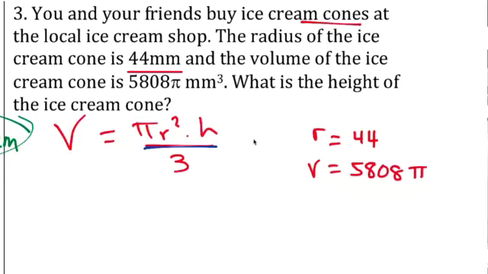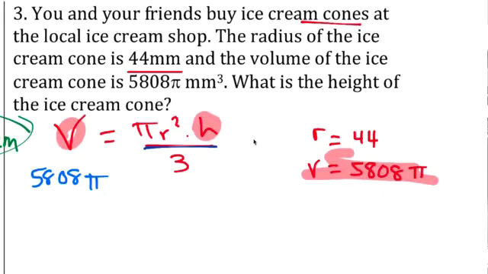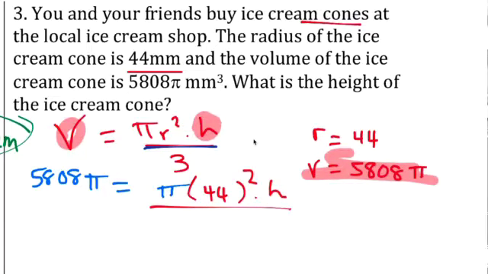So we put this for V: 5,808 pi, don't forget, equals pi times radius 44 squared times height, and we divide that by 3, times 3 to get rid of the 3. So I need to multiply these two together. Don't times the pi, leave the pi alone. It's important that you leave the pi alone. Okay.